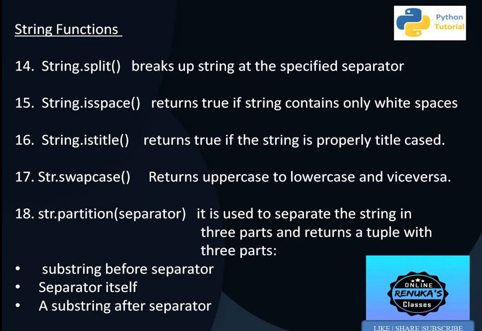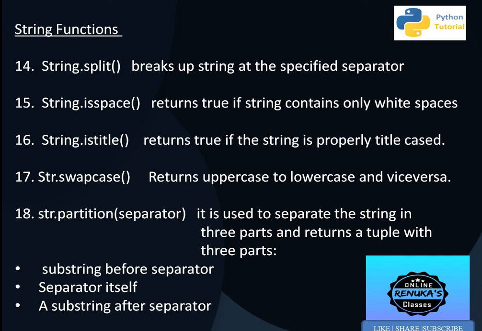Split means breaking up of a string at a specified separator. Isspace returns true only if the string contains white spaces. If the string contains any alphabet or anything in between, in that case it will return false. Istitle returns whether the string is properly title cased.